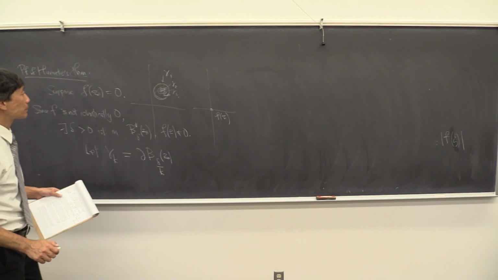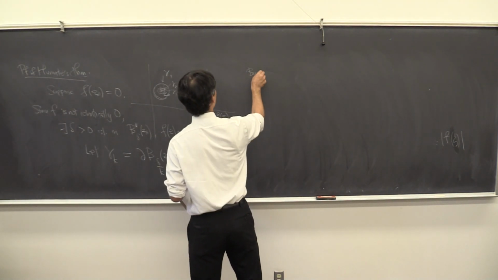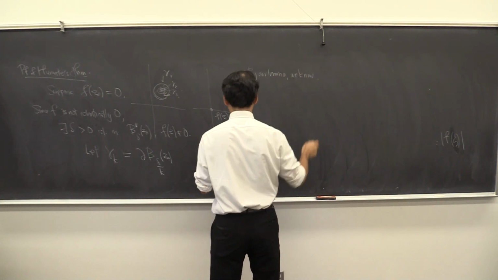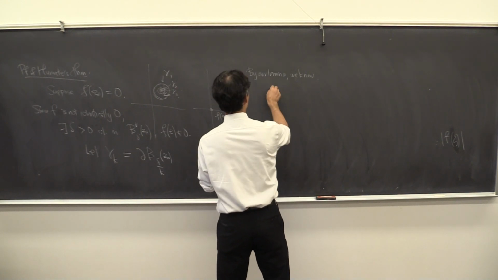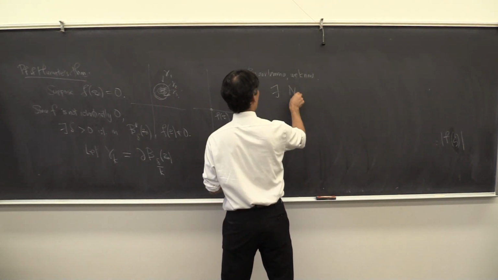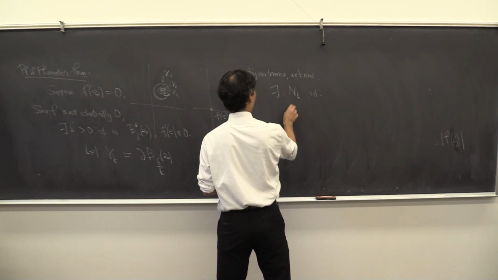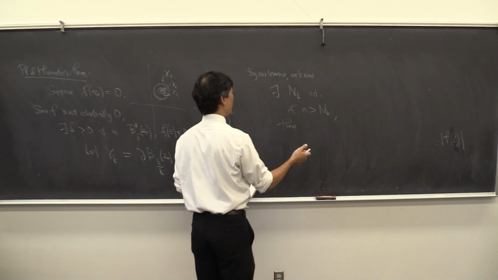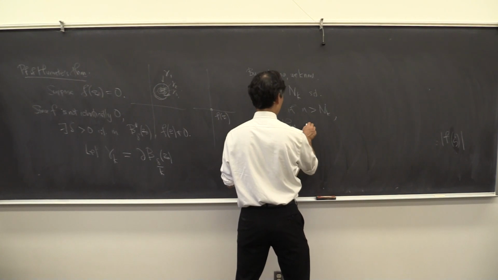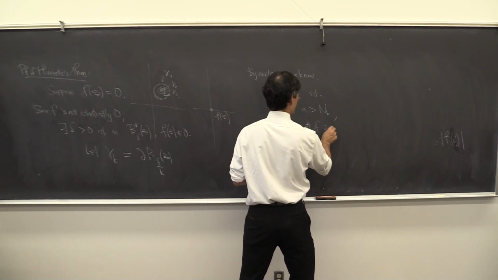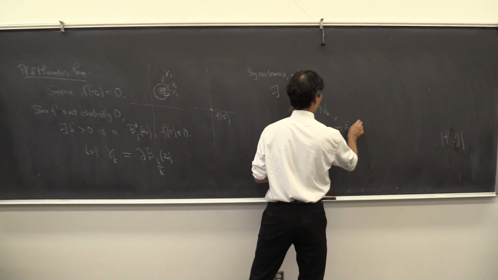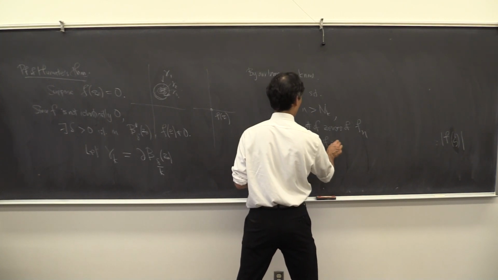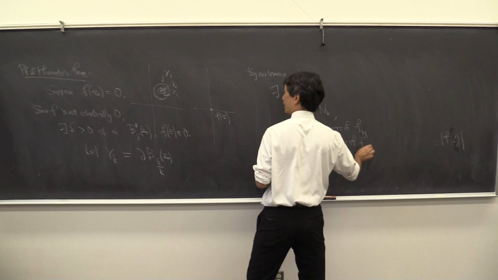So by the lemma that we just showed, we know that we can choose n sub k such that if we're past that point, then the number of zeros of f sub n equals the number of zeros of f.